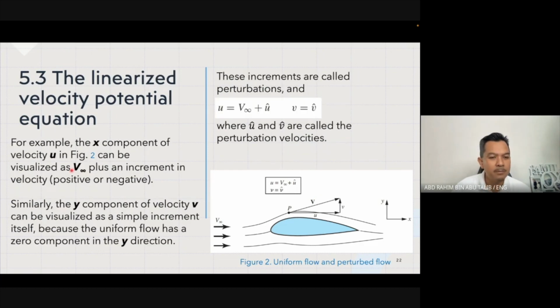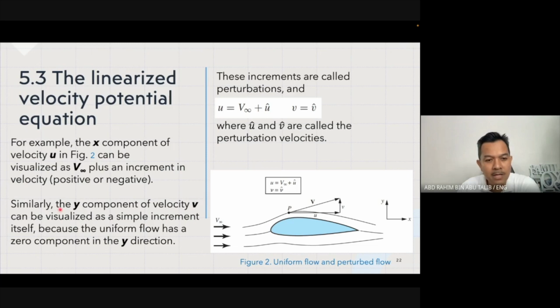For example, the X component of the velocity U, given here in figure 2, can be visualized as V infinity plus an increment in velocity, either positive or negative.